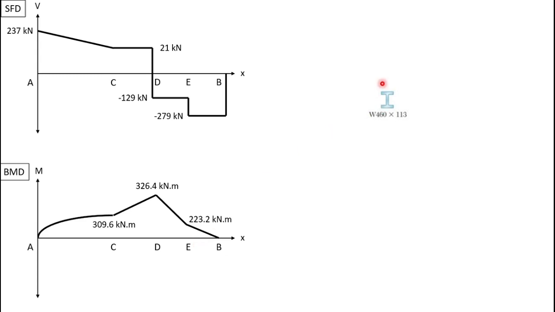And the next is, from the problem, we know that the beam has a code of W460 x 113 for the y planes, and we could obtain S from the appendix, which is equal to 2390 times 10 to the power of 3 millimeter cubed.